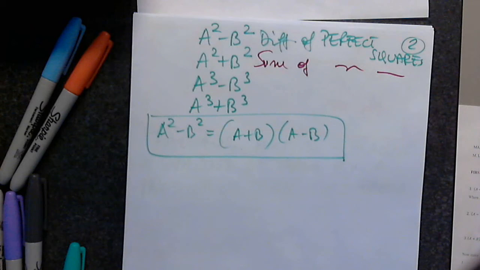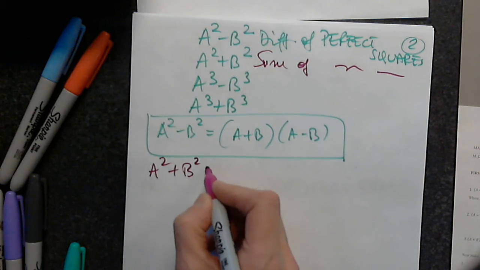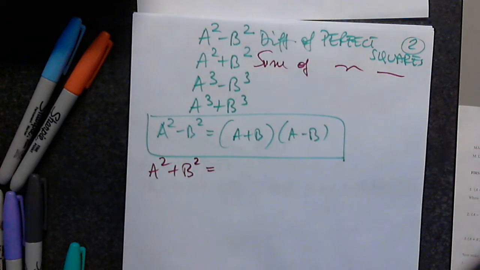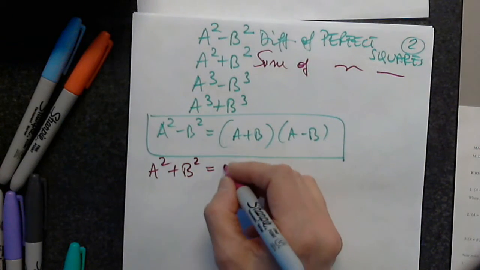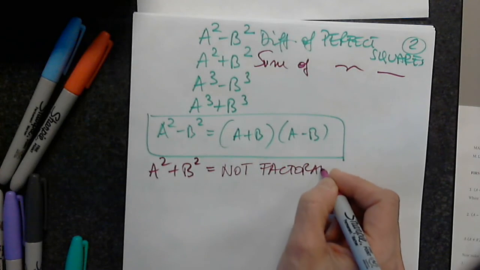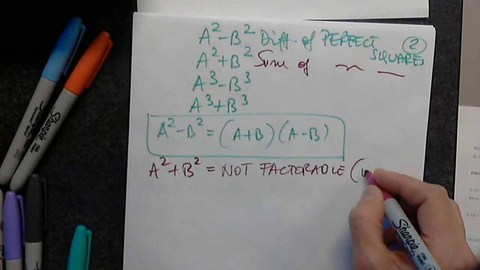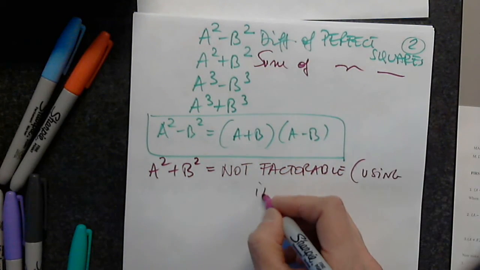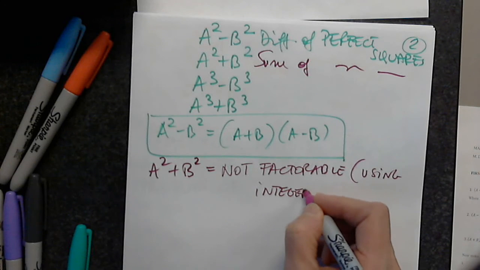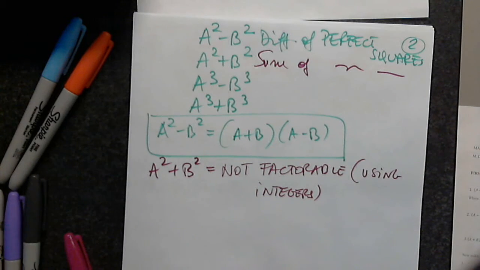Of course. A squared plus B squared equals not factorable. To be exact, I will put in parentheses using integers, or even real numbers in this case.